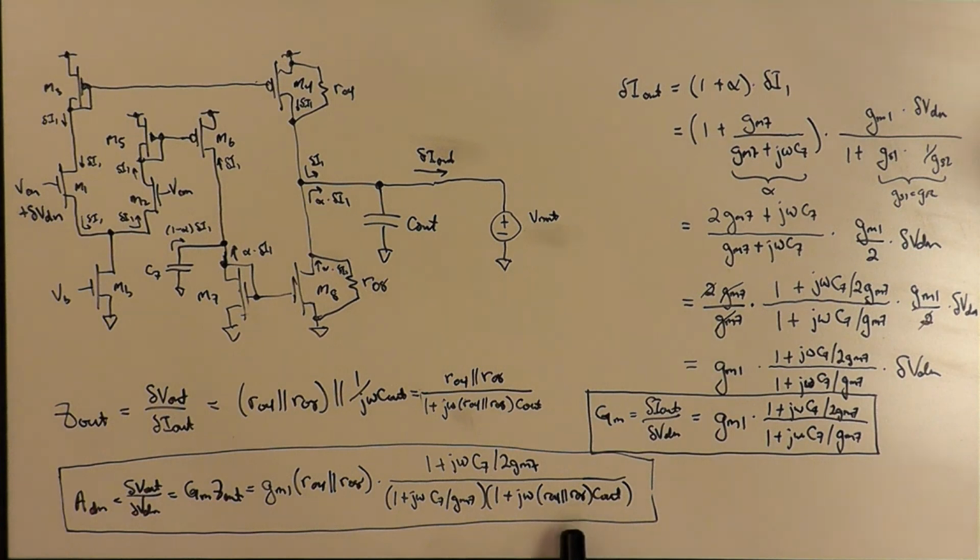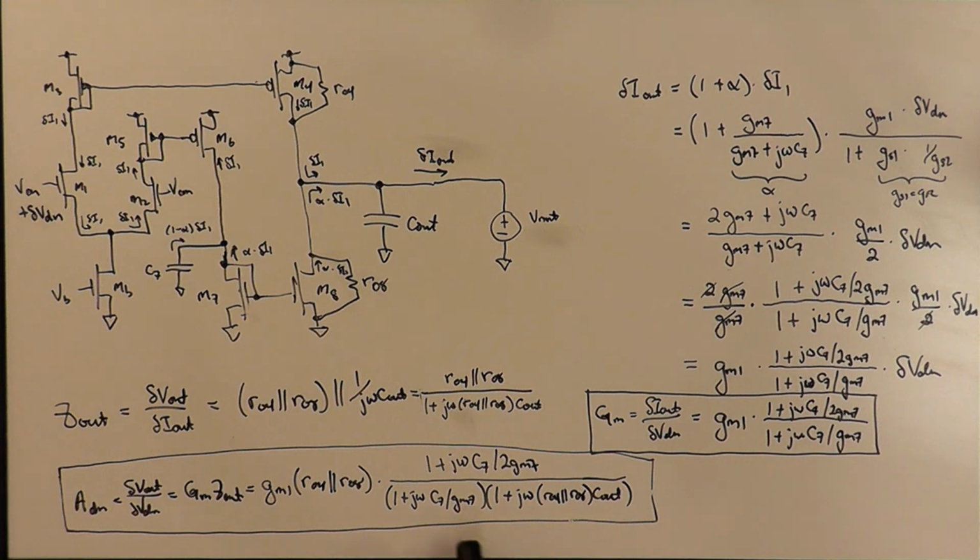Okay. And so RO4 parallel RO8, while that's less than RO8 by maybe about a factor of 2, 1 over GM7 is going to be a fair bit smaller than RO4 parallel RO8 in terms of a resistance. Okay, so this is going to be associated with a smaller R. This one's going to be associated with a larger R.